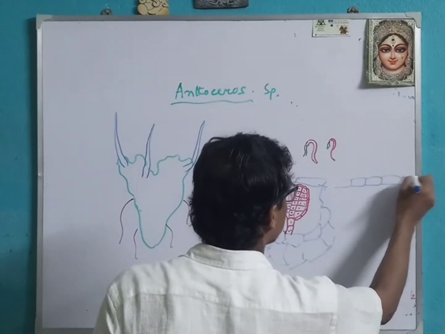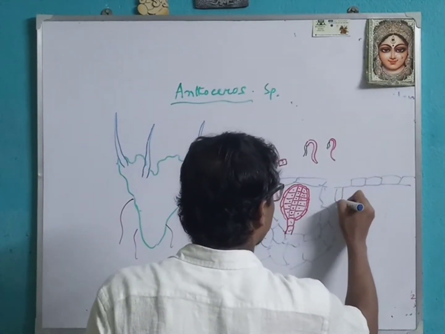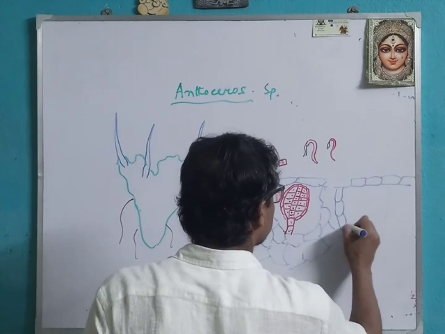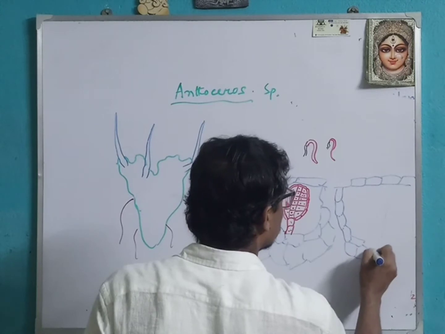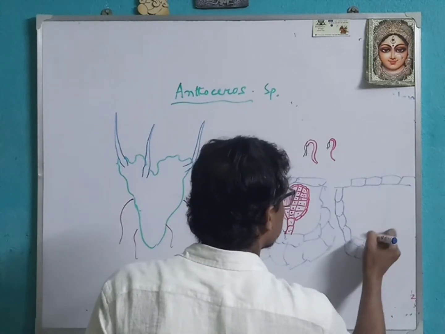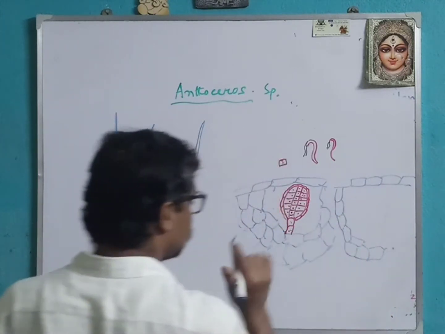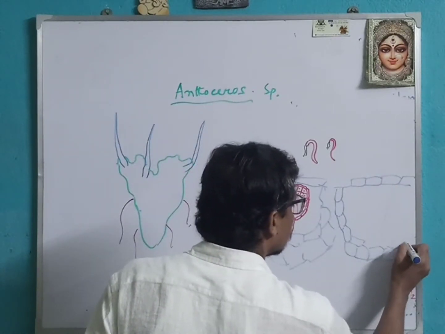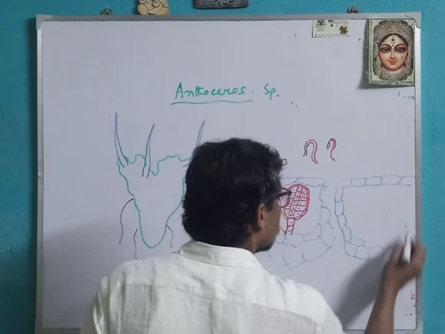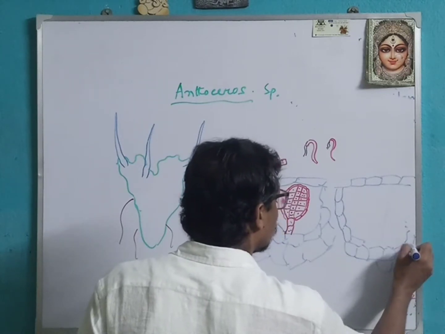While the archegonium is concerned, the archegonium is also found embedded within the tissue. This is the normal tissue.